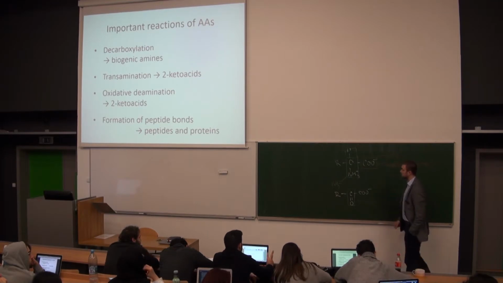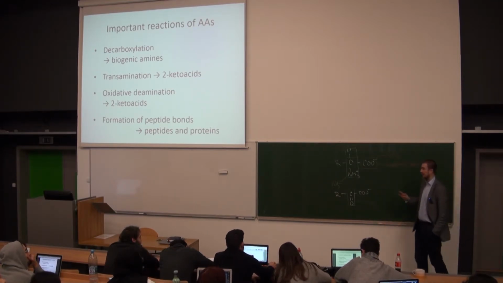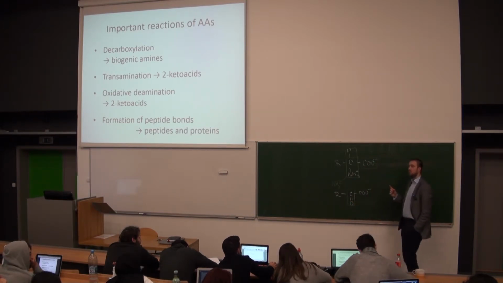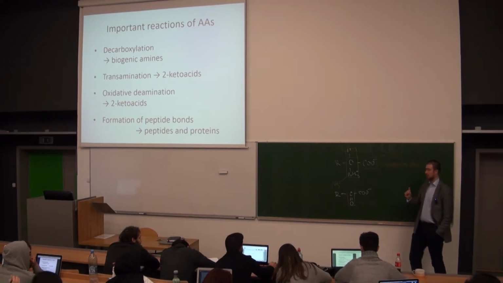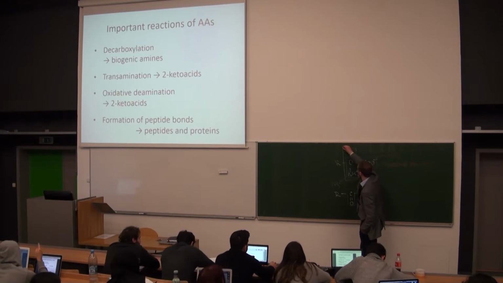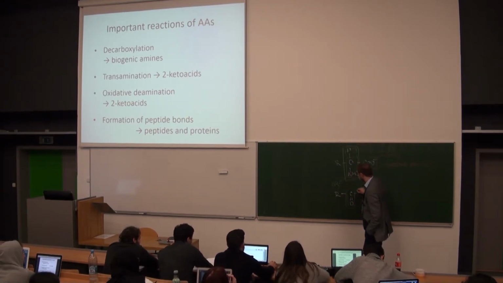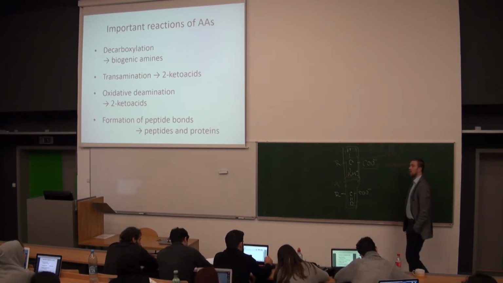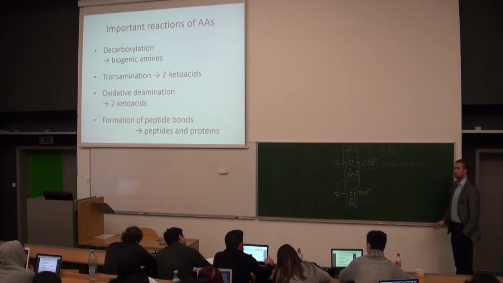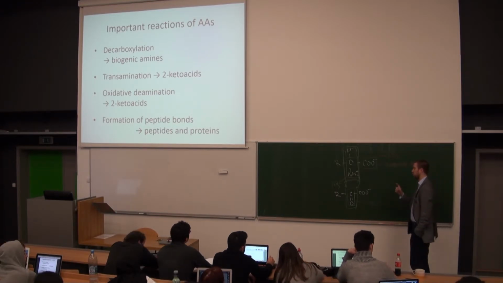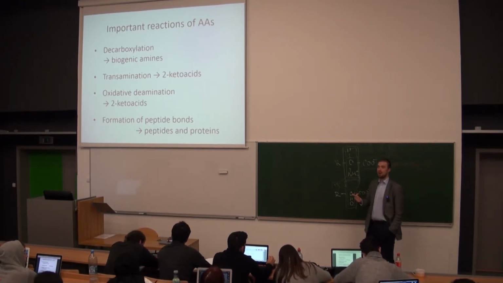That means you get a very similar result as by deamination, but for transamination you need the pair, amino acid and alpha keto acid. They only exchange the functional groups. So here you remove no ammonia from the molecule, you only exchange the functional groups between the alpha keto acid and the amino acid.